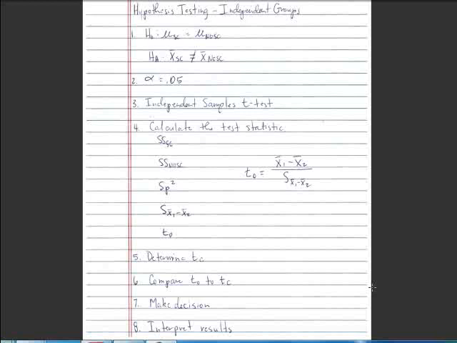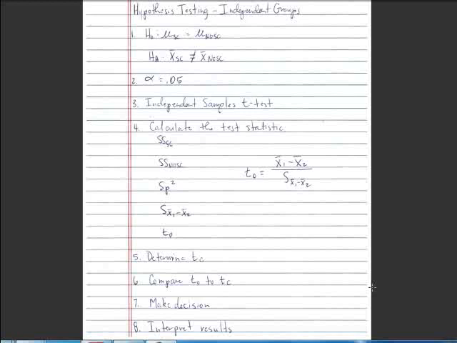Step number 3 is to determine the type of test we're using. Based on the information I've given you, the fact that members of the study can't be in both the scented group and the non-scented group, we use an independent samples t-test.